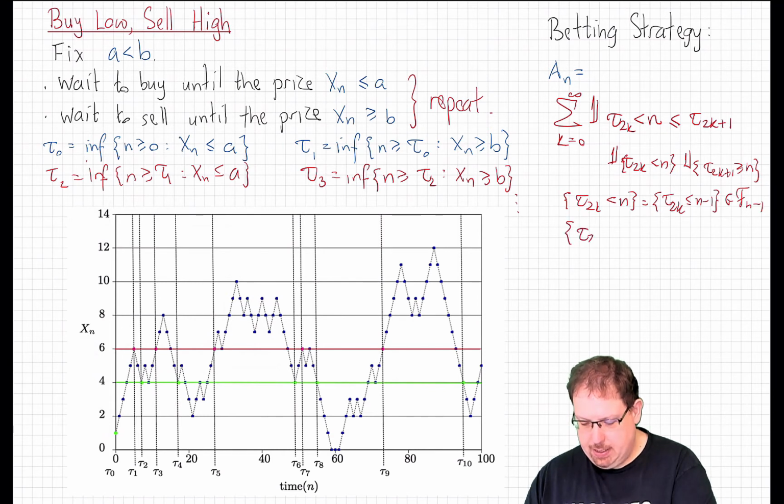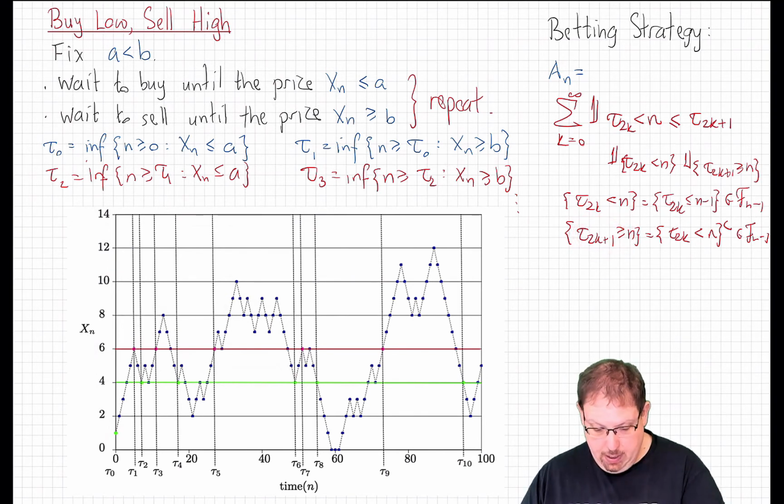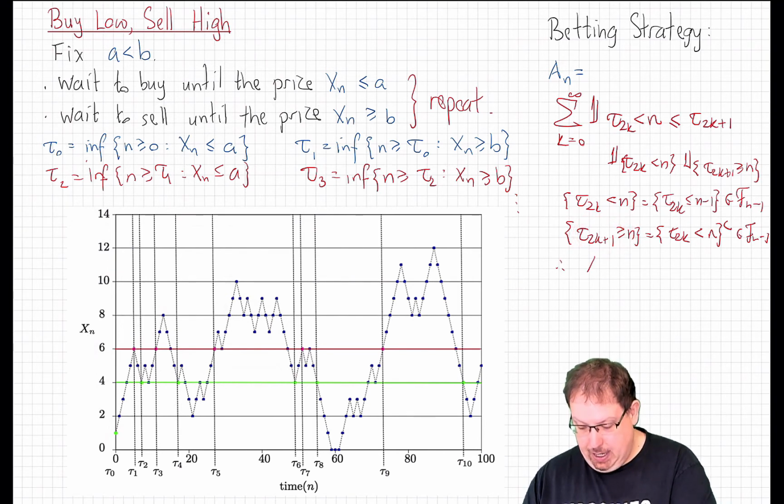Whereas the event that tau 2k plus 1 is greater than or equal to n is the complement of the event that tau 2k is less than n. And for the same reason, that's in F_{n-1}. Therefore, the original event is also in F_{n-1}. And so that shows us that A_n is a predictable process. So this is a valid betting strategy.